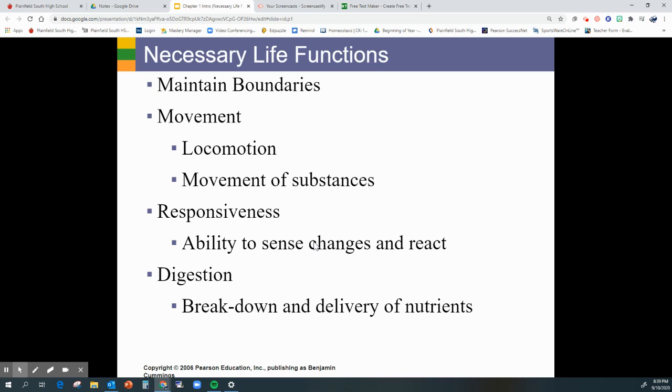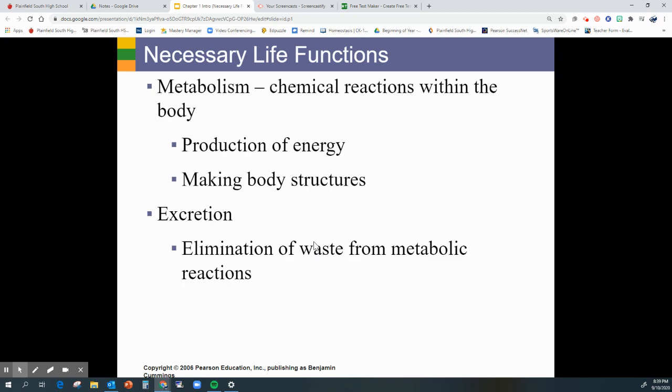Digestion is one of the last ones. So this is really breaking down and taking those nutrients we just talked about a few minutes ago and delivering them to parts of the body. But those are huge things that we need to be able to do. Metabolism is another part of that, as well as digestion. This is the chemical reactions in our body.